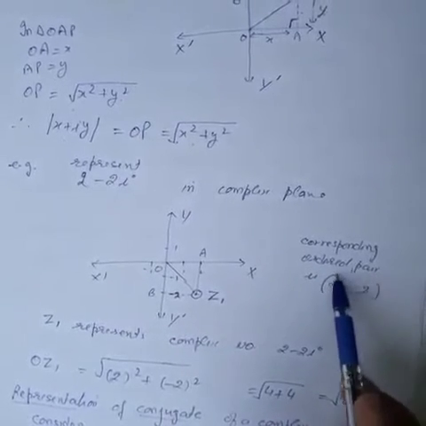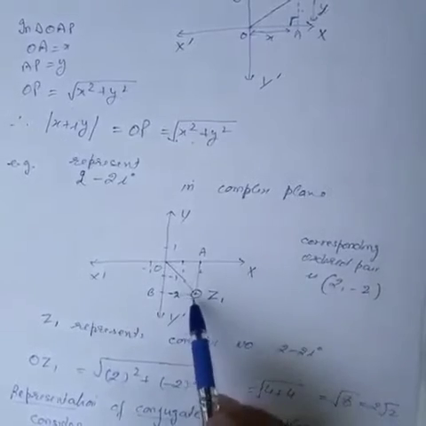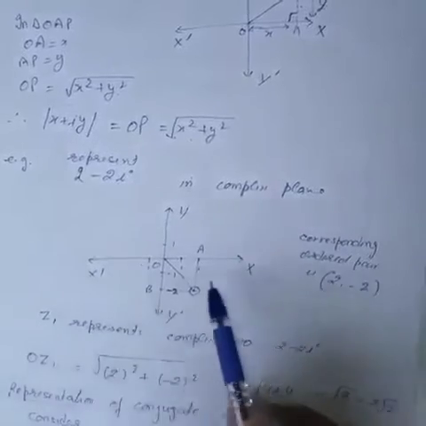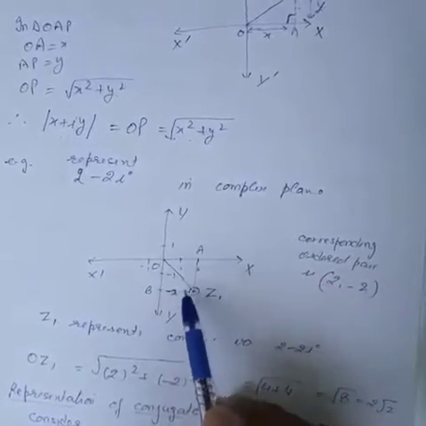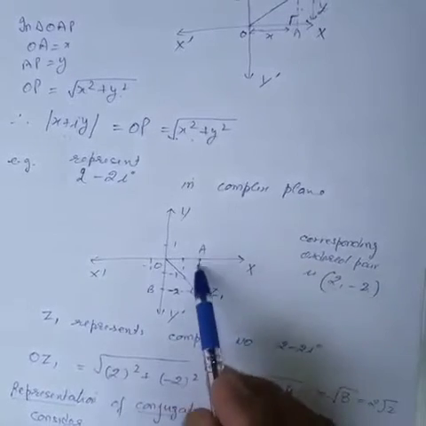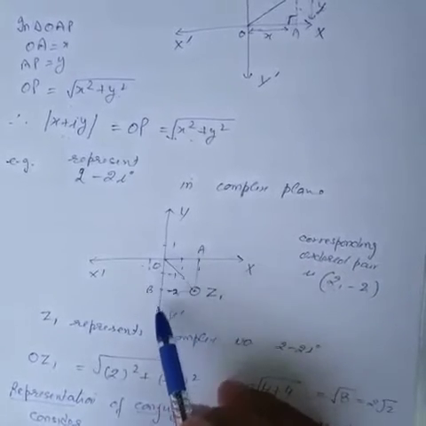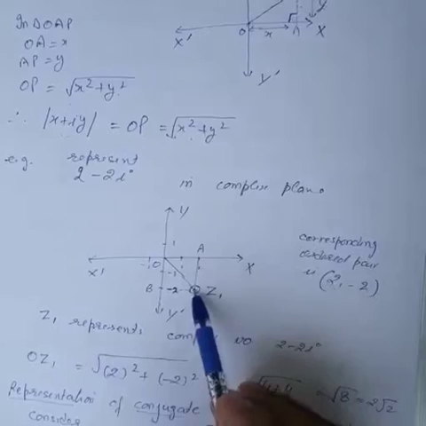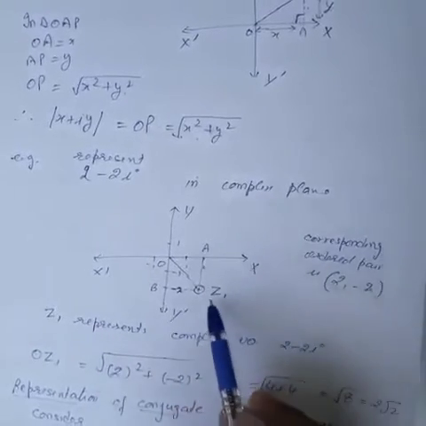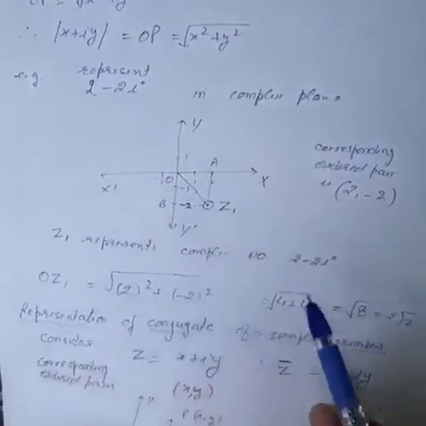So this point will lie in the fourth quadrant, x positive and y negative. So represent 2 units along the x-axis and minus 2 units, towards the negative direction of the y-axis, and this is the required point, let it be z1. So this is the geometrical representation.